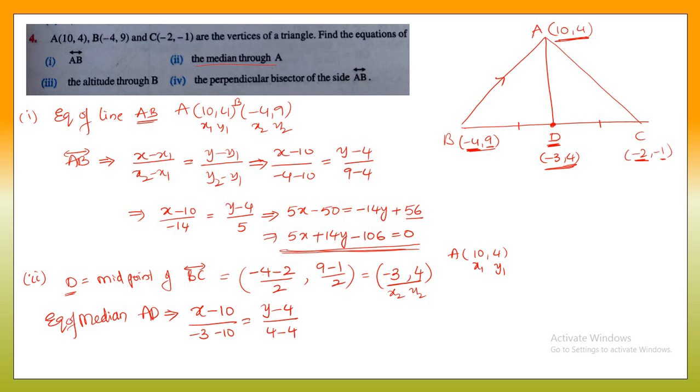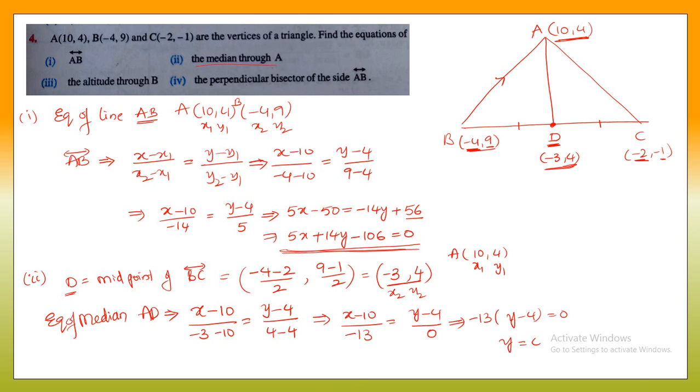Now (x - x1)/(x2 - x1) = (y - y1)/(y2 - y1), so (x - 10)/(-3 - 10) = (y - 4)/(4 - 4). Here both y values are the same. So (x - 10)/(-13) = (y - 4)/0. When I do cross multiplication, this gives me -13(y - 4) = 0.